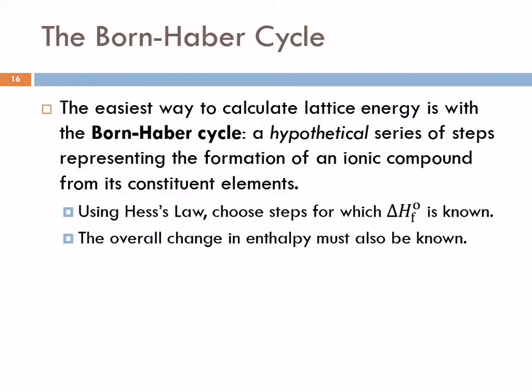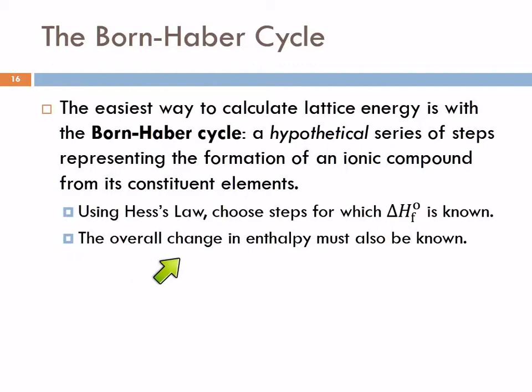You can combine different reactions, and if the sum of those reactions gives you the desired equation, you can add up the delta H's and get the end result, because it's a state function and doesn't depend on the path. So we use Hess's law, and we're going to choose steps where we know the standard heat of formation for each of the steps. Then we can add them up and figure out what's going on.